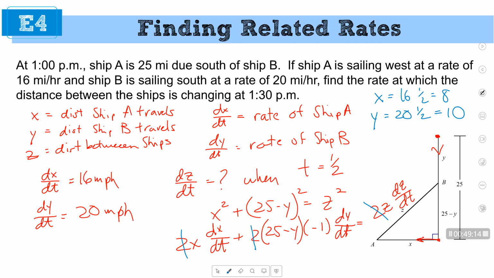You pointing at me? You get it from me? Yes. Okay. No. Pythagorean theorem. Good. Still in my sidebar, because I'm working in blue, I go back to this puppy. 8 squared plus 25 minus 10 squared equals z squared.